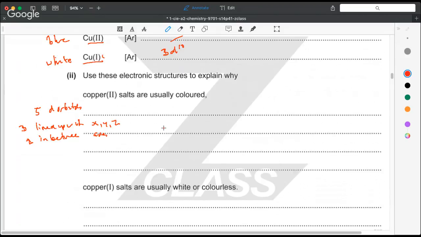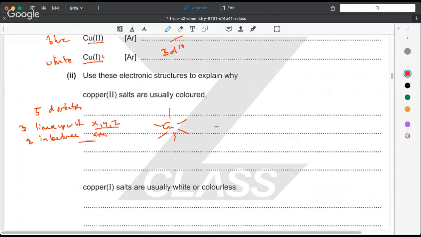Okay? And what happens is that when you have an octahedral complex, you've got six ligands, then these d orbitals experience much more repulsion from the lone pair of electrons that are being donated by the ligand than these do here, because they're not affected as much because they're not exactly on the x, y, and z axes.